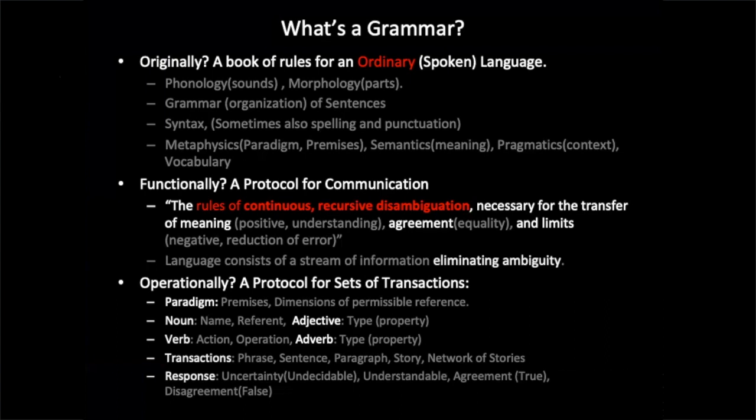So language consists of a stream of information, continuous recursive information, that eliminates ambiguity. So a grammar is the rules of continuous recursive disambiguation within an ordinary language.